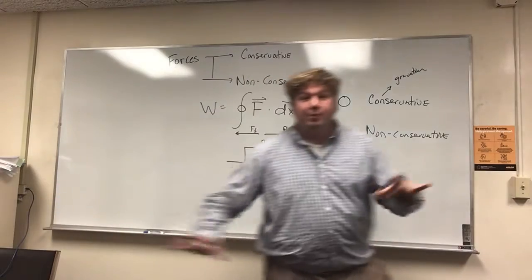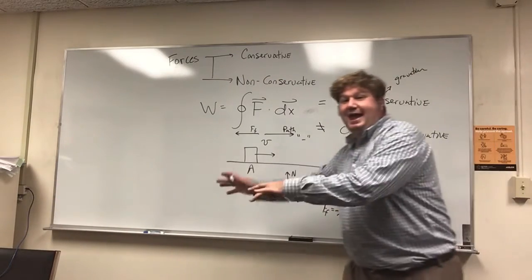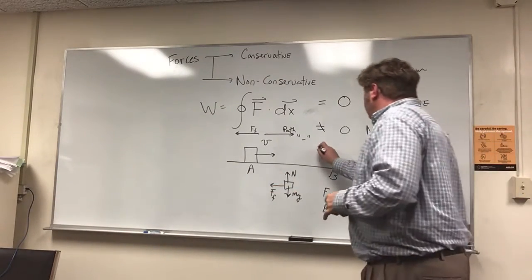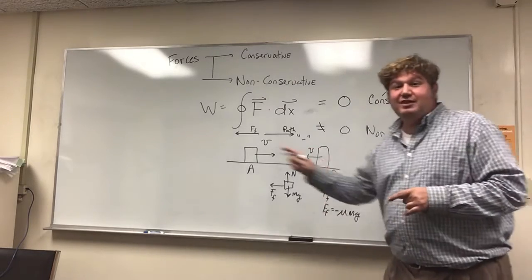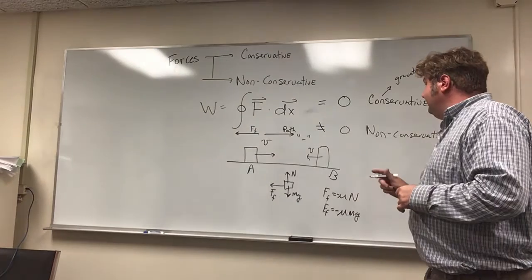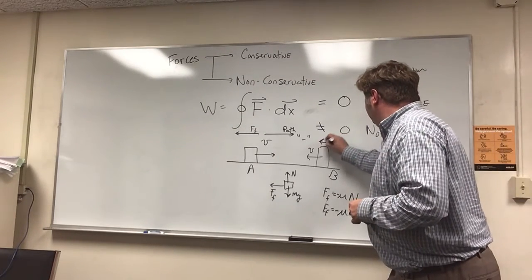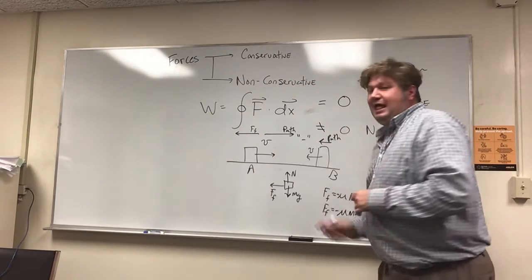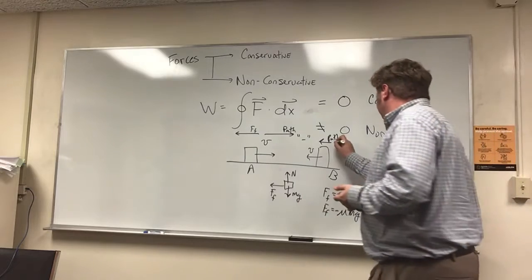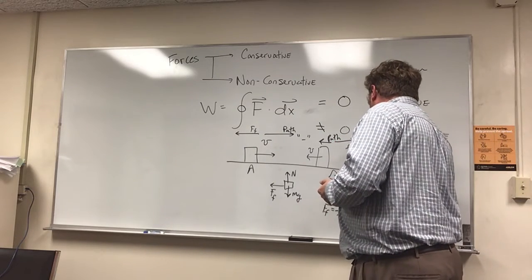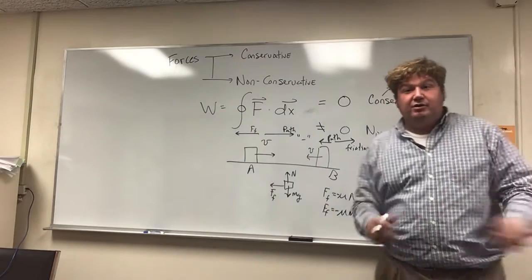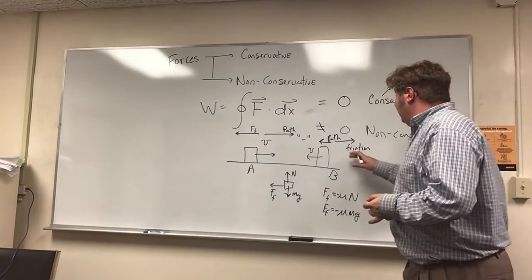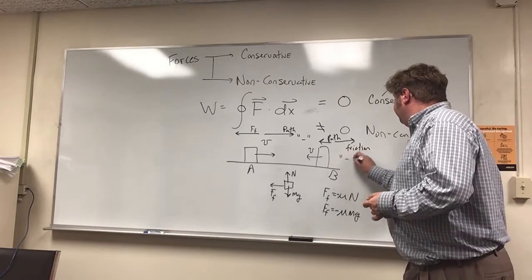Then let's go over to point B and go back to A. When I do that, my velocity is moving in this way, my path goes this way, and my frictional force goes this way. Again, they're 180 degrees apart, so I get a negative.